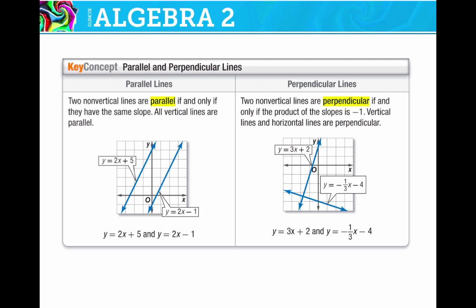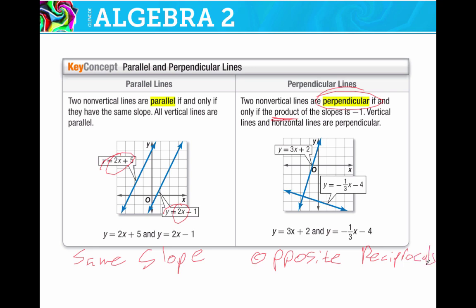Parallel lines have the same slope, different y-intercepts. So if you know the slope of one line, then you know the slope of a parallel. Perpendicular lines, their product is -1. They are opposite reciprocals, which means change the sign and flip. Opposite reciprocals, 3 and -1/3.